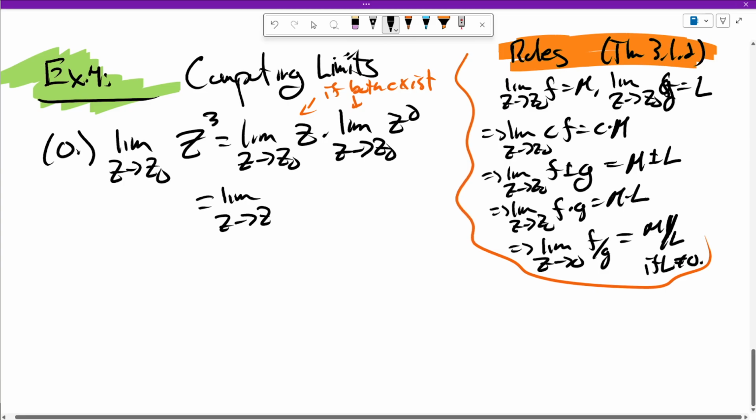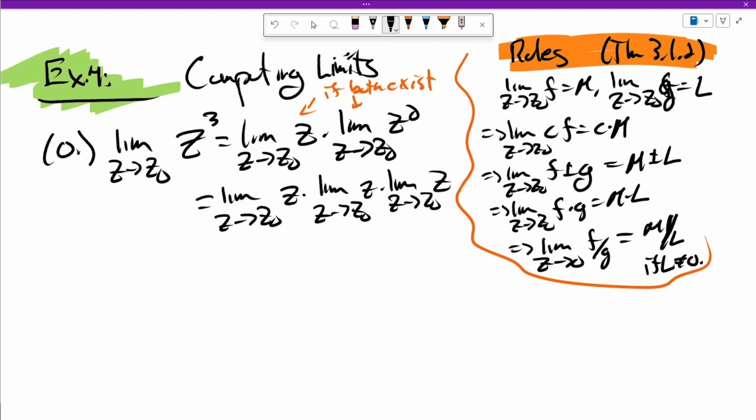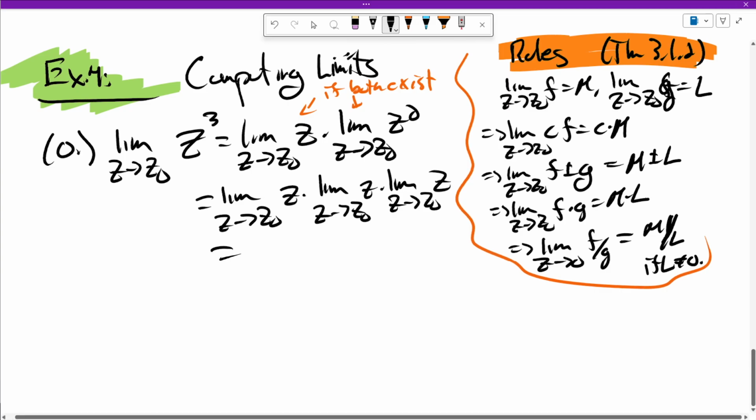And again, provided the right-hand limit exists, we can then further break it down like that. And in any world, the limit of the identity mapping, which is what the function f of z is, should be the value you're plugging in. So that's z0 times z0 times z0, which is z0 cubed.